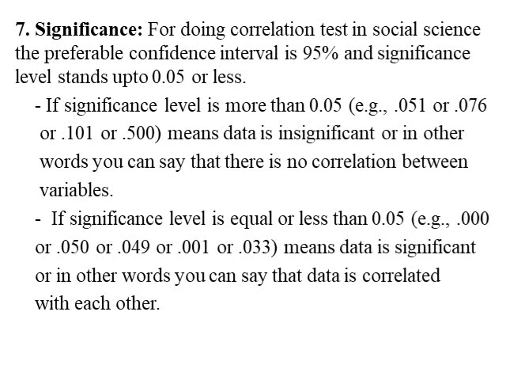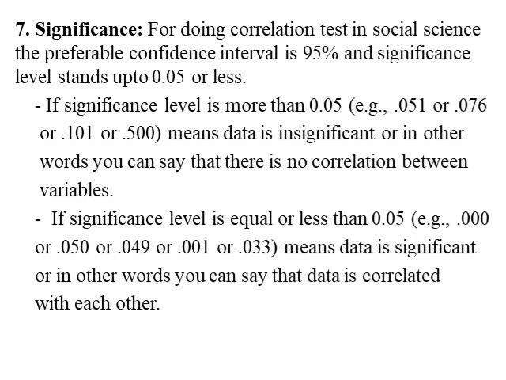Significance. For doing correlation test in social science, the preferable confidence interval is 95%, and significance level stands at 0.05 or less. If significance level is more than 0.05, it means data is insignificant, or in other words, you can say that there is no correlation between variables.